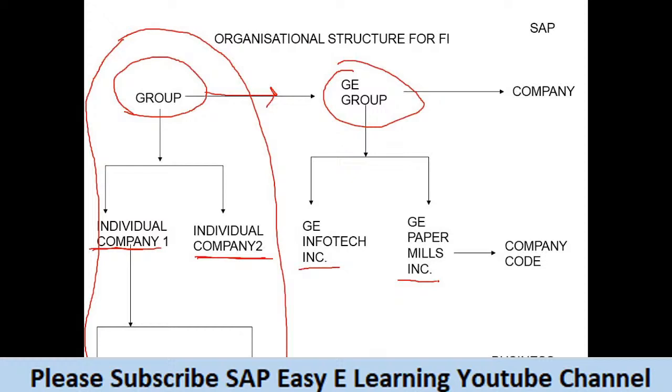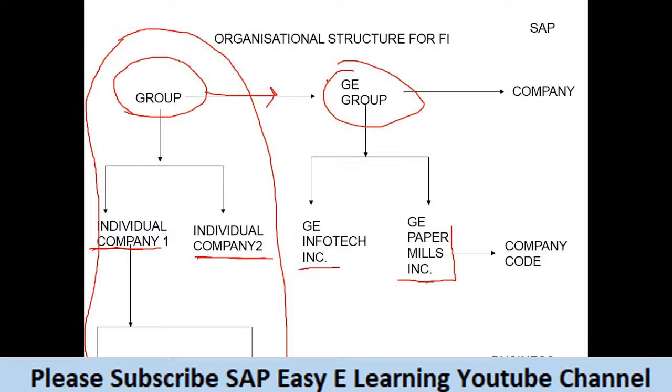Like that, a GE group may have any number of individual companies. Now, this GE Infotech Incorporation is carrying on business in Washington, California. Then GE Paper Mills Incorporation is also carrying on business in Washington, New York, New Jersey, California, etc.